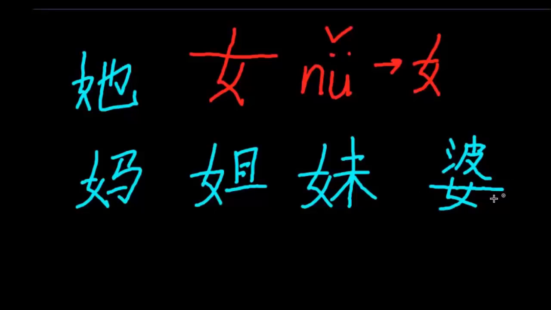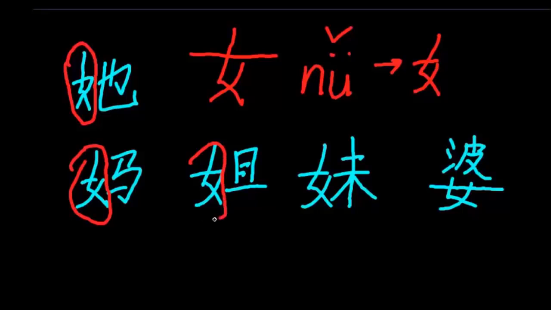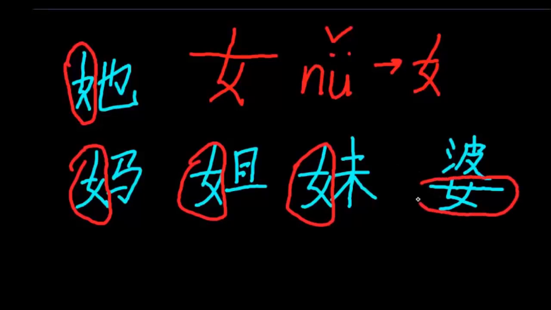This is po. Now, this one's a little bit different because of the placement of the radical. Here we have nu, nu zepang, on the left. Here, po, it's on the bottom.